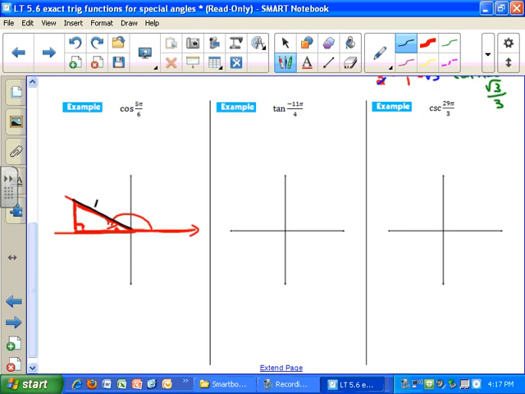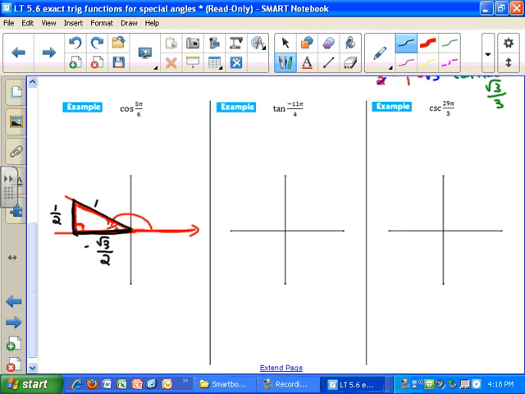But pi over 6 is our 30-degree angle, which means that the y value is going to be 1/2, and the x value is going to be the square root of 3 over 2. Now I just want to check my signs. The 1/2 is a positive value, but because square root of 3 over 2 is going left, that one's going to be negative.